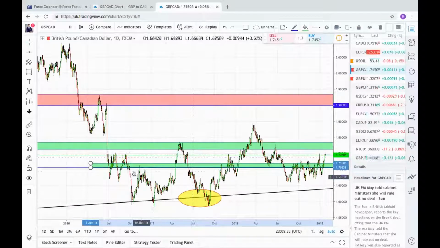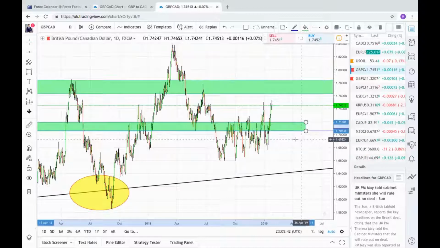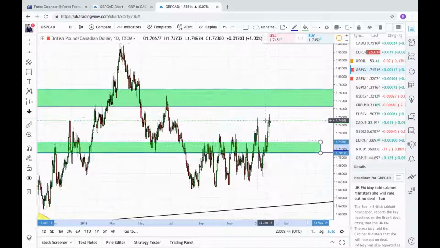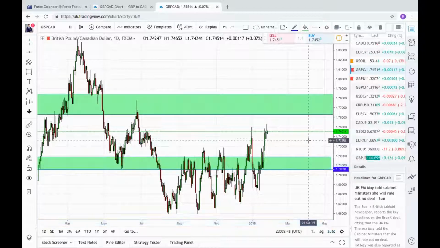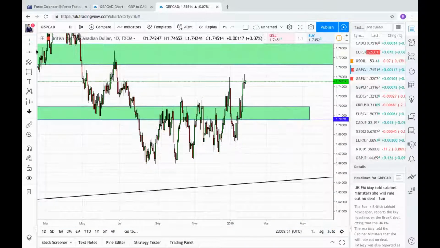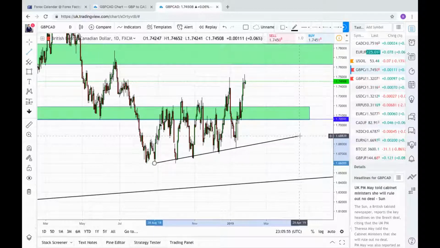You can see multiple rejections in here, using it as resistance here, support here, resistance again, consolidation, pretty much ranging. But on the daily chart now, you can almost see another trend line appear, which you certainly wouldn't have been able to see on the monthly chart.